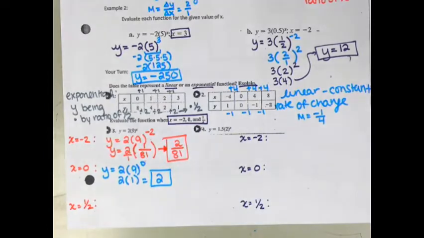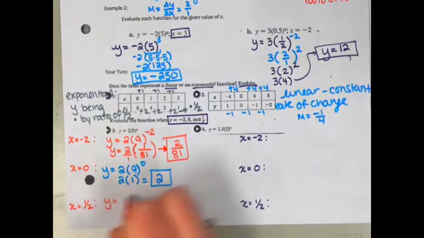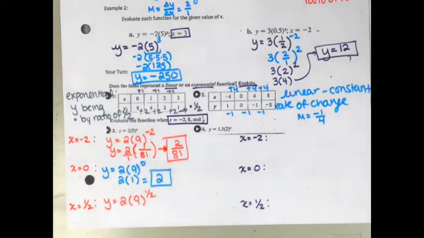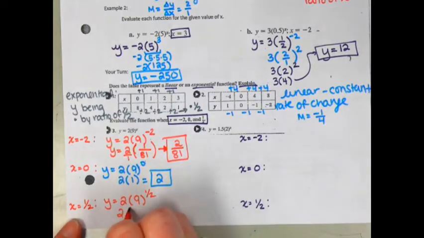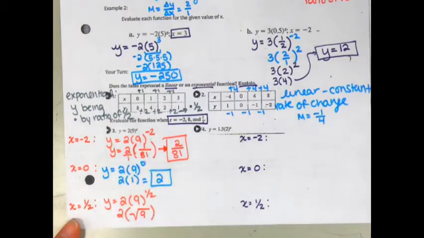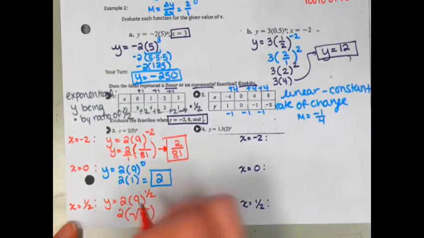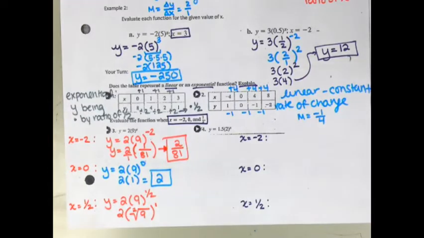And then the 1/2. We have to do a little thinking here, don't we? Can I use the exponent of 1/2? No, we have to do what we did in 6-2, right? So what root of 9 am I looking at? Is it the 1 or the 2? 2, and we're going to raise it to the first power, which is the same, right?